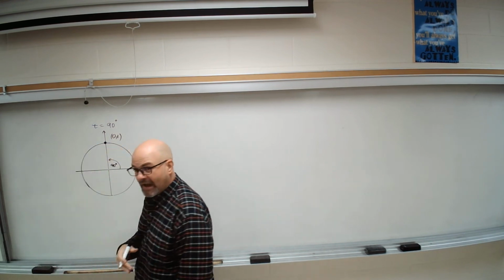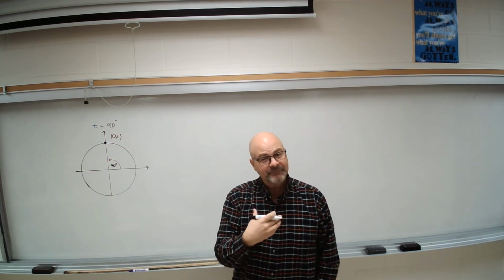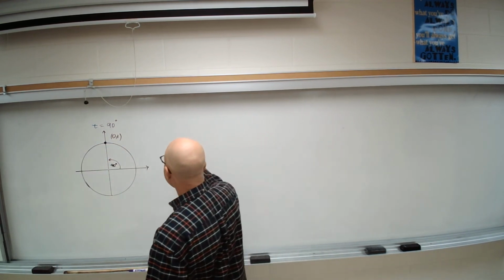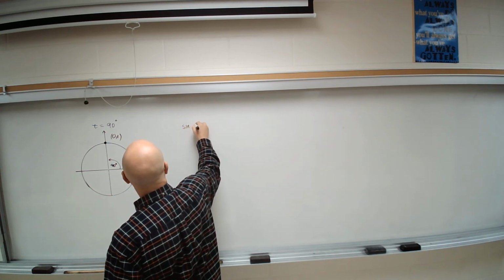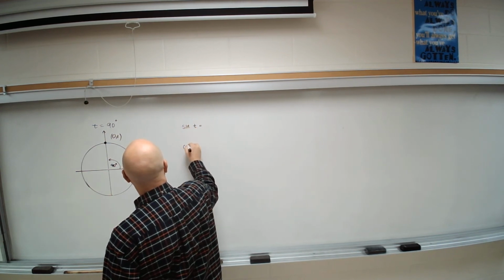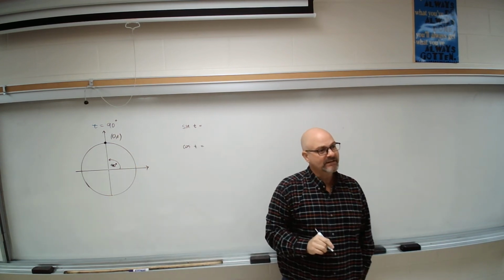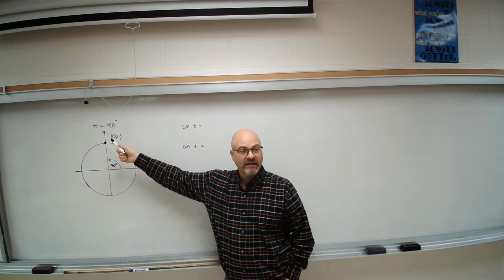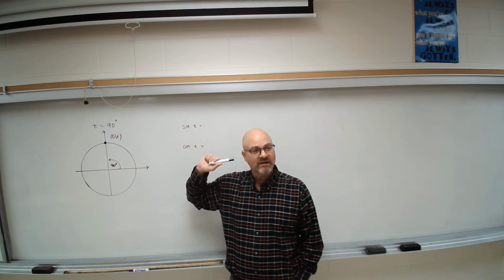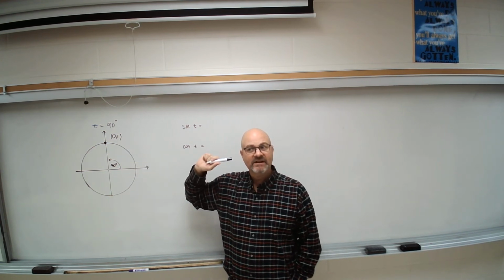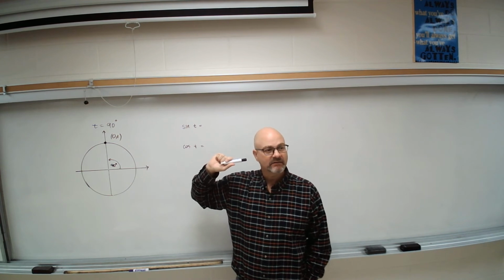So now, as we want to do our 6 trig functions, we have some options, but I think definitely you want to start with the sine of t and the cosine of t, because those are actually just the values we have right there. We know the x-coordinate. What did we say it was? 0. Well, it's 0, but is that the sine or the cosine? It's cosine.